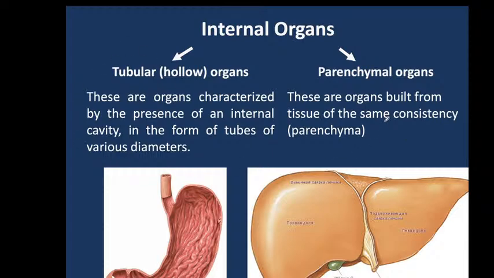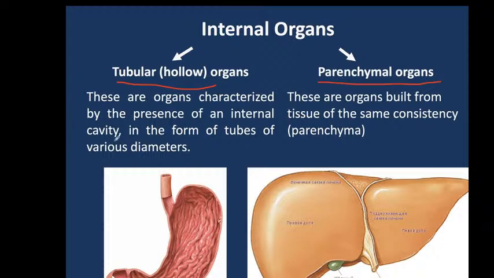This is the internal organ classification. And you see that it's a very simple classification, because all internal organs can be divided into tubular or hollow organs, and the second group is parenchymal organs. What does it mean?